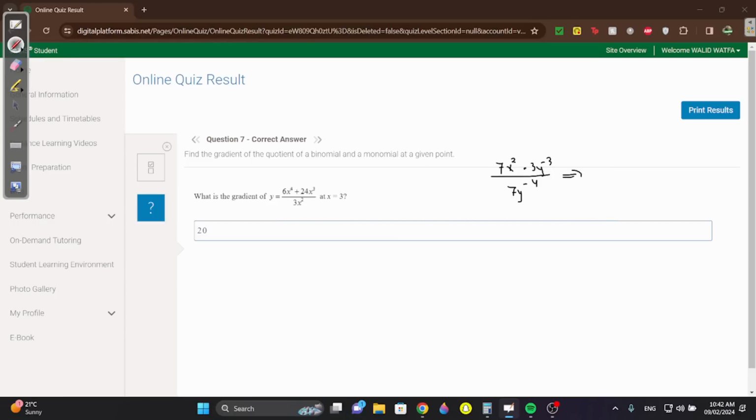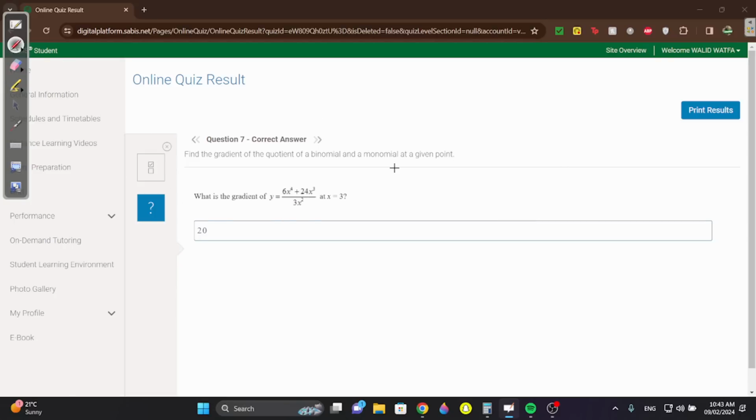So this would become, if you remember, negative 3 would go down, so it will be 7x squared times 3, and this y to the power negative 4 goes up, so it will be y to the power of 4, and it will be 7. The y negative 3 goes down, becomes positive 3. Okay, this is just a recap in grade 9, just so you know what I'm about to do. So when you switch a power up or down, it changes the sign of the power.